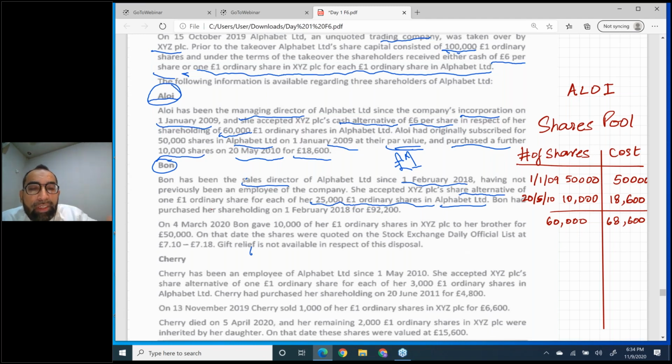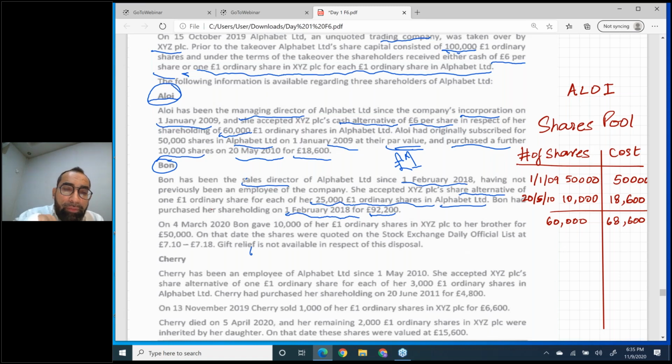That means she gave away her 25,000 shares of Alphabetic Limited, and she got XYZ ordinary shares. So there is no extra working, no need to compute a gain right now. Now Bond purchased her shareholding on 1st February 2018 for 92,200. So this is the cost of the 25,000 ordinary shares.